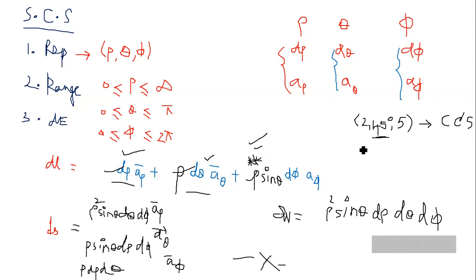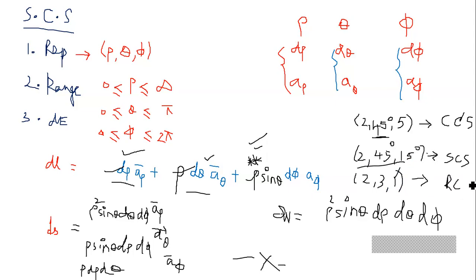If you have an expression like 2 comma 45 degrees and 15 degrees, where you can identify two angles, then it comes under a spherical coordinate system. If there is no angle, like 2 comma 3 comma 1, then it is a rectangular coordinate system. Generally we mention it in meters.